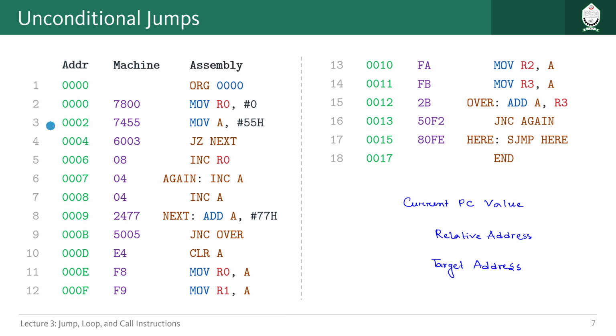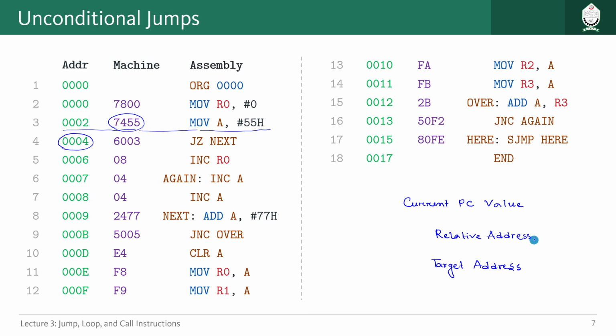So if we are executing this line, the program counter will store the address of the next instruction, which is this one. So the value of PC is 0004.